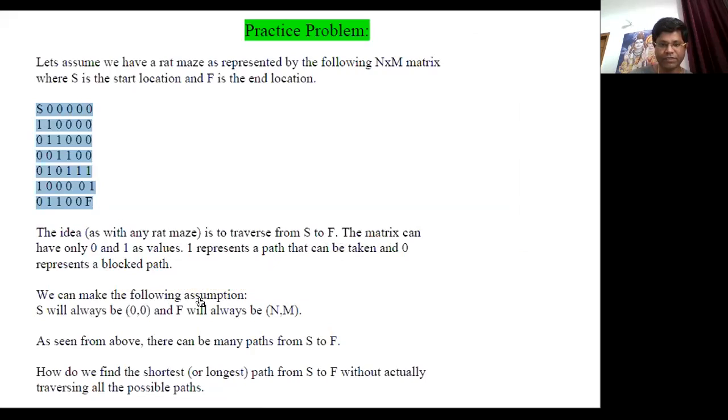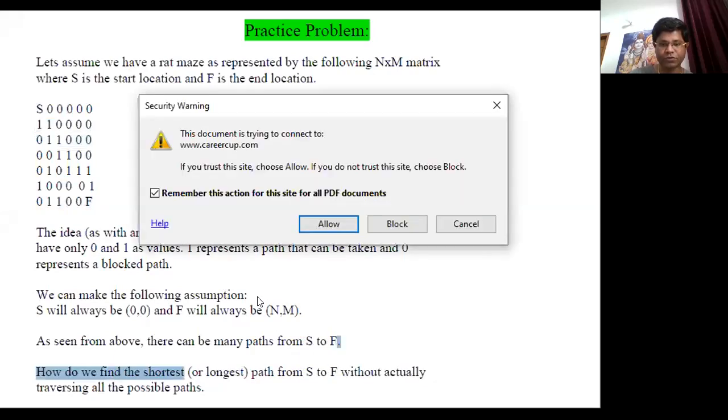We can make the following assumptions. S will always be at 0, 0, because S will always be the first, leftmost entry, and the destination will be the bottom rightmost entry, that is, the n cross m position of the matrix. As seen from the above matrix, there can be many paths from source to destination.